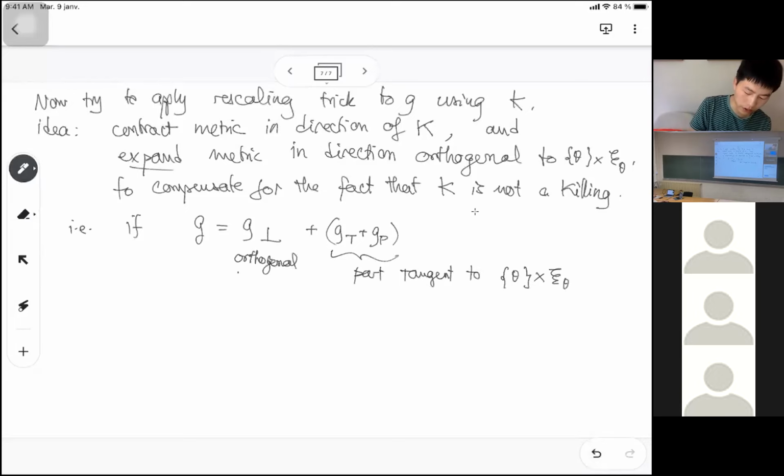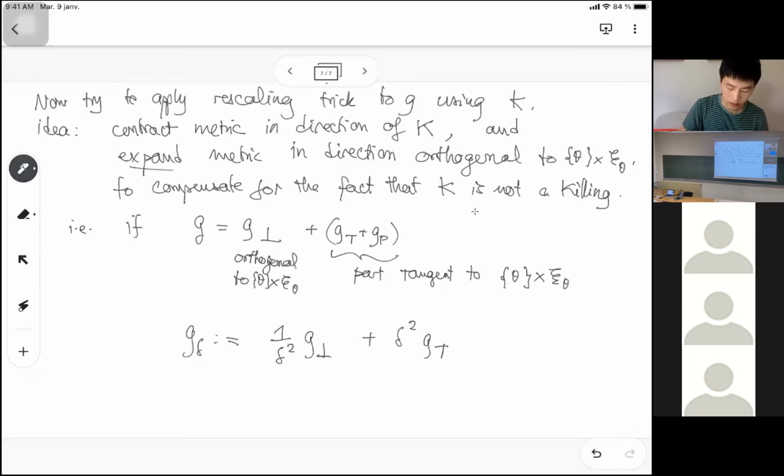Here you're orthogonal to the slices. Then you look at this metric, theta plus delta plus pp.